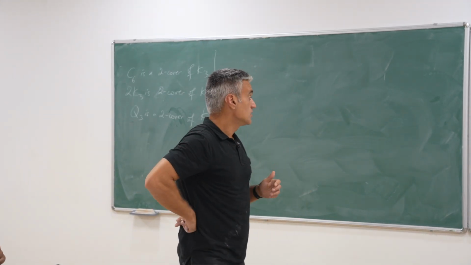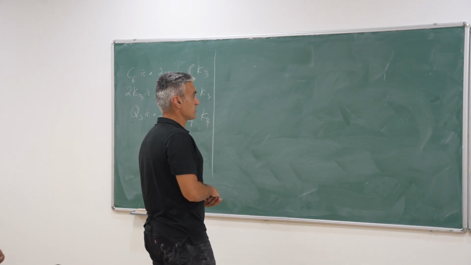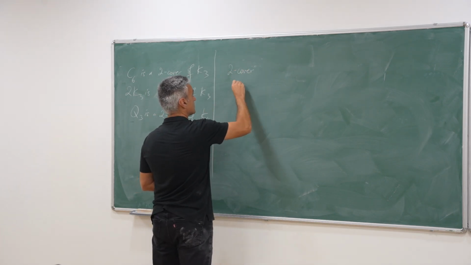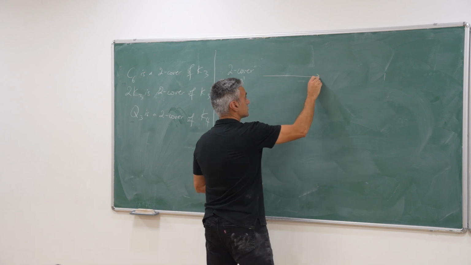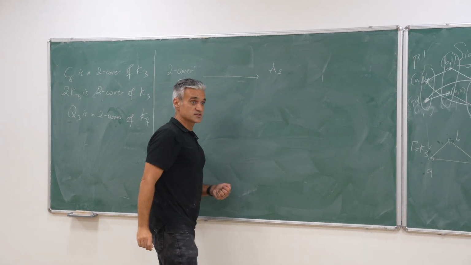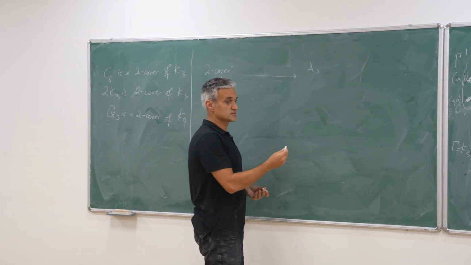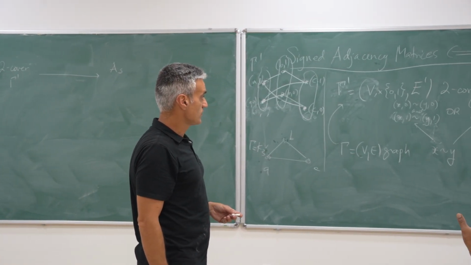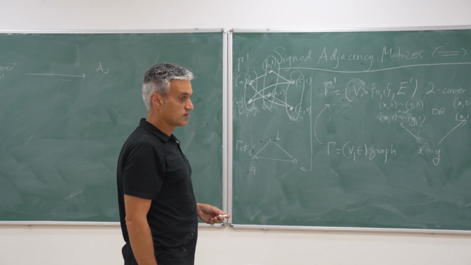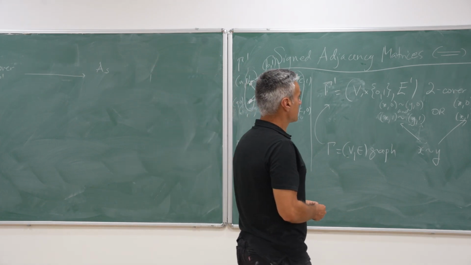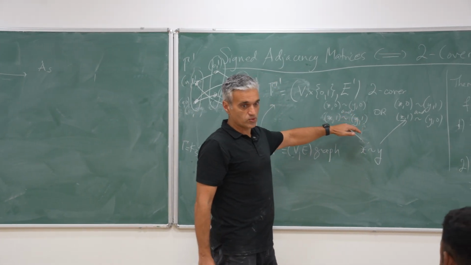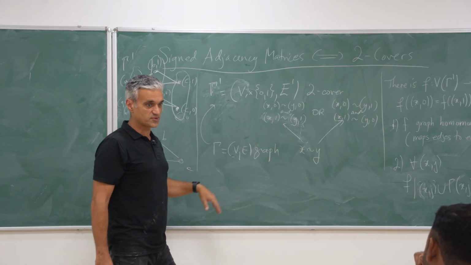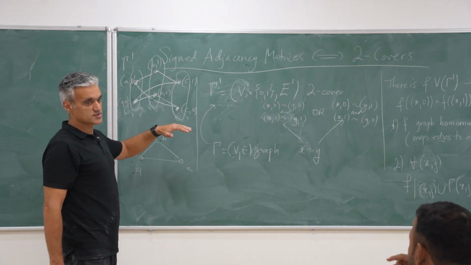All right. Now, if I have a 2-cover, let me show you how this relates to a signed adjacency matrix of the graph. So either you take these two conditions or you take those two conditions. For 2-covers, this is what I will work with, because it gives me a concrete way of defining them.